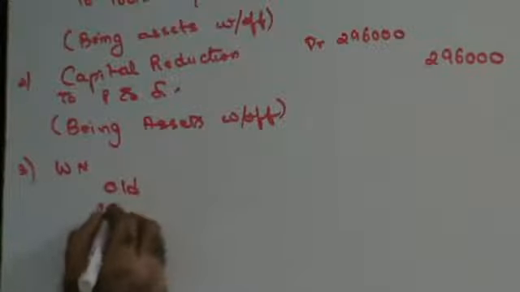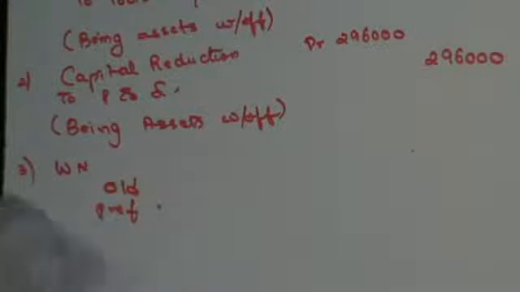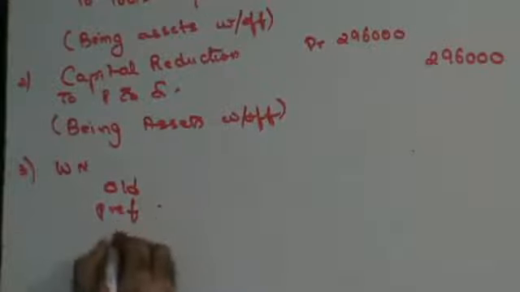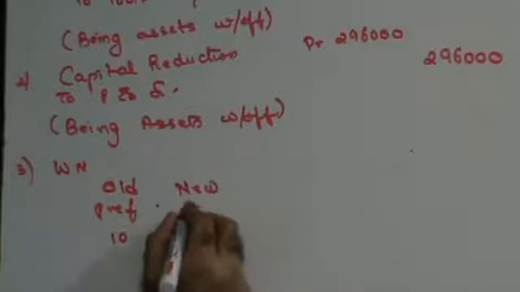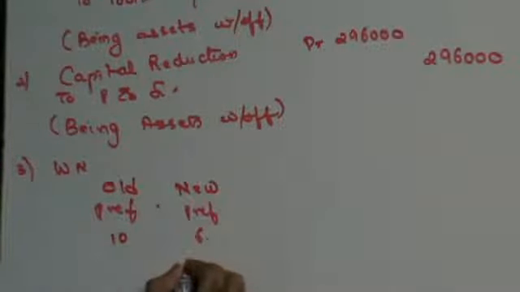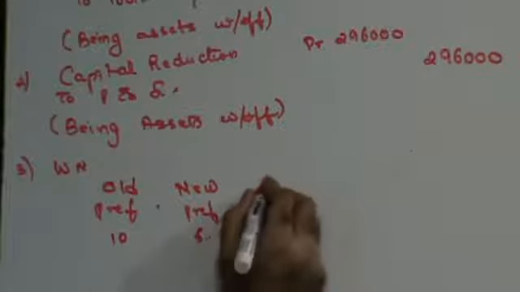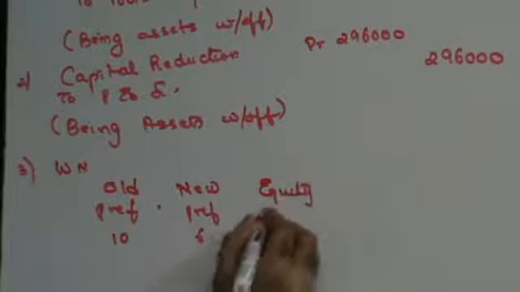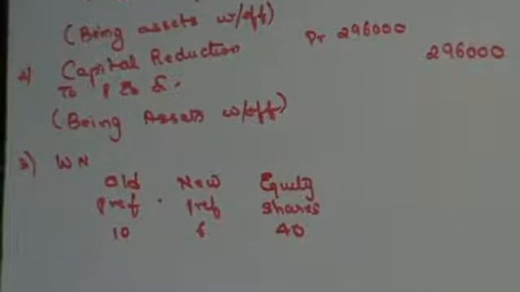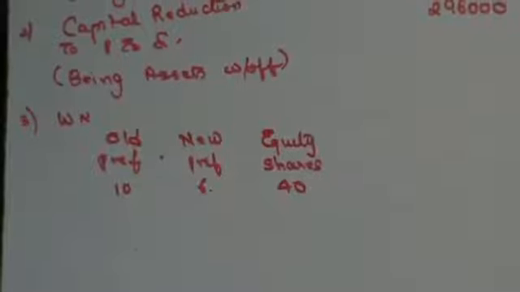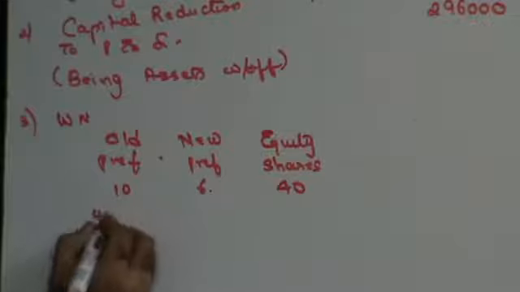Old preference. We are saying that for every 10 old preference shares, 6 new preference shares and 40 equity shares are to be issued. Now if you see the opening paragraph of the sum, the company has got 4,000 old preference shares.